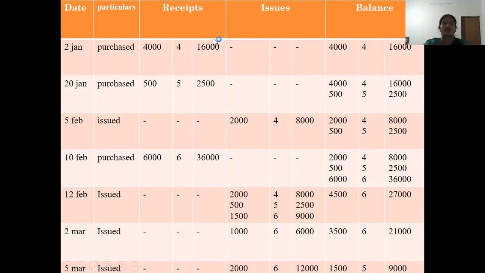Immediately after the purchase, you need to go for the balance, because whatever the purchase you had, we have done the balance. The same balance we have done here: 4,000 at the rate of rupees 4 per unit, and the amount is 16,000.